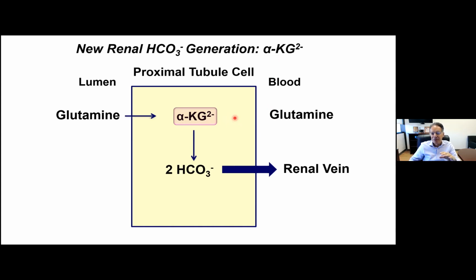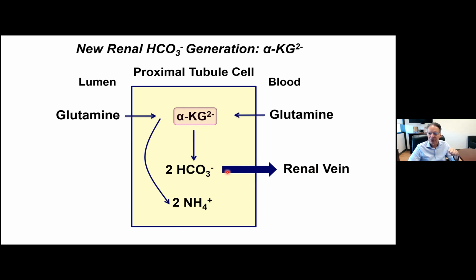But be that as it may, the alpha-ketoglutarate is a byproduct of the glutamine. And in the Krebs cycle, the alpha-ketoglutarate is turned into 2 bicarbonate ions. So in our mitochondria, the alpha-ketoglutarate generates 2 bicarbonate ions, which then gets absorbed on NBCE1A, the protein I showed you before, into the renal vein.